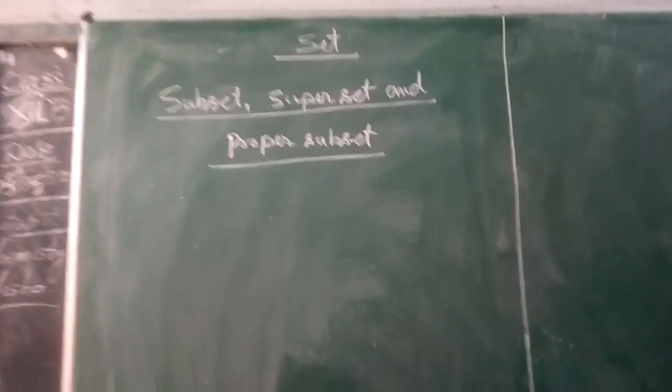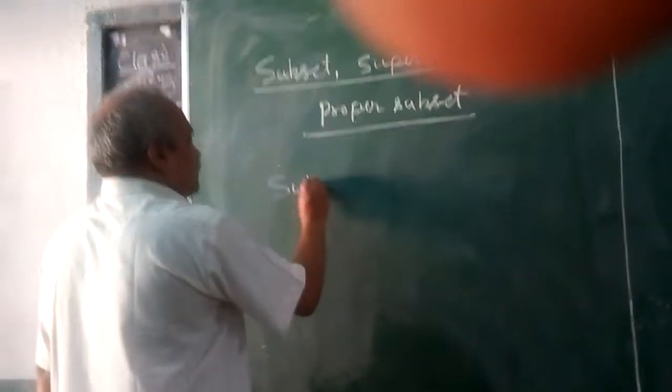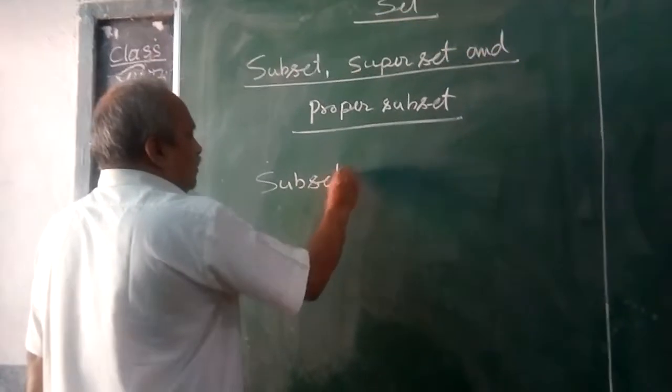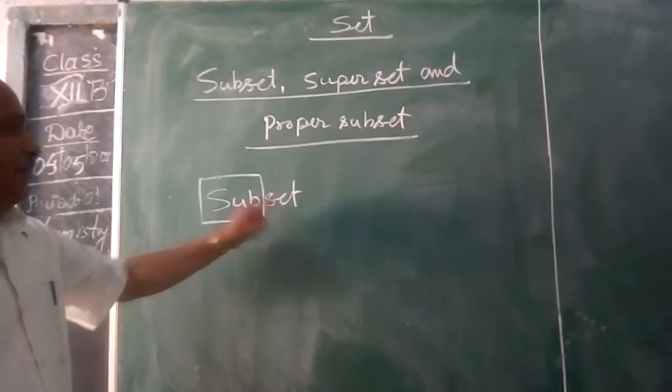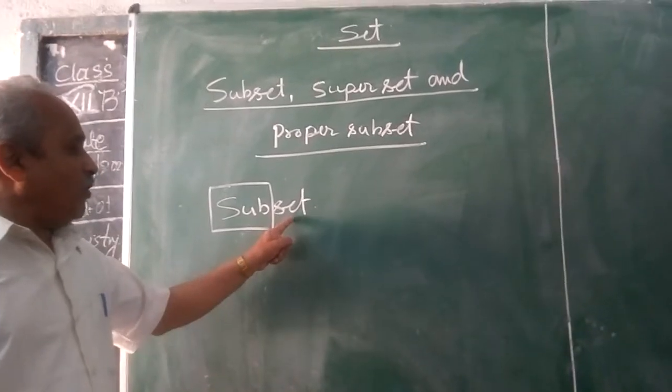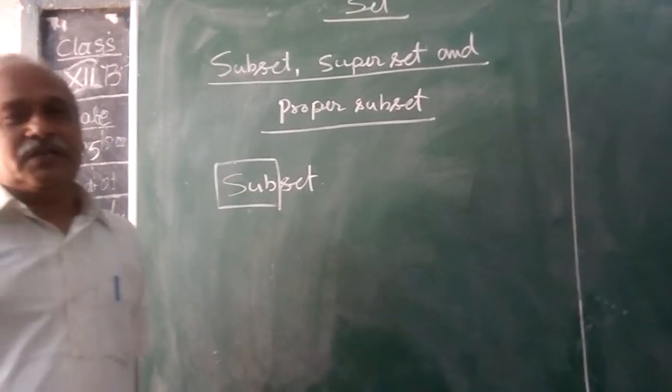Subset, you can see here, sub is a prefix and set. Before set, sub is joined.